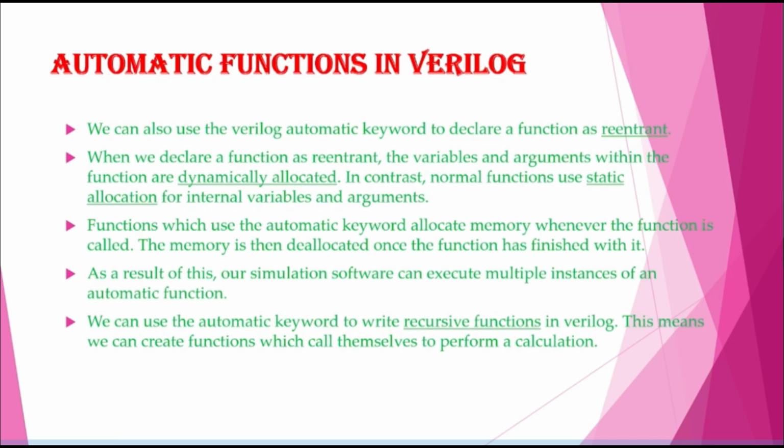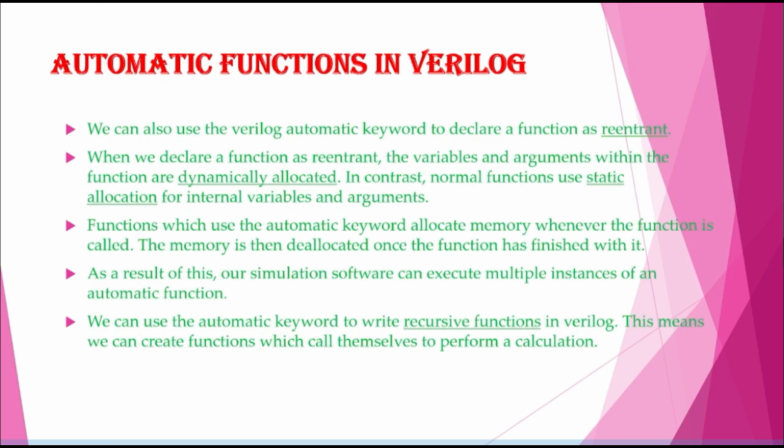So in simple words, in static functions, the memory will be created as soon as you declare the function. But in a dynamic function, what happens? That is why we are calling it dynamic. That means the memory won't be created as soon as you declare it, but as soon as you call that function, the memory will be dynamically, automatically created.